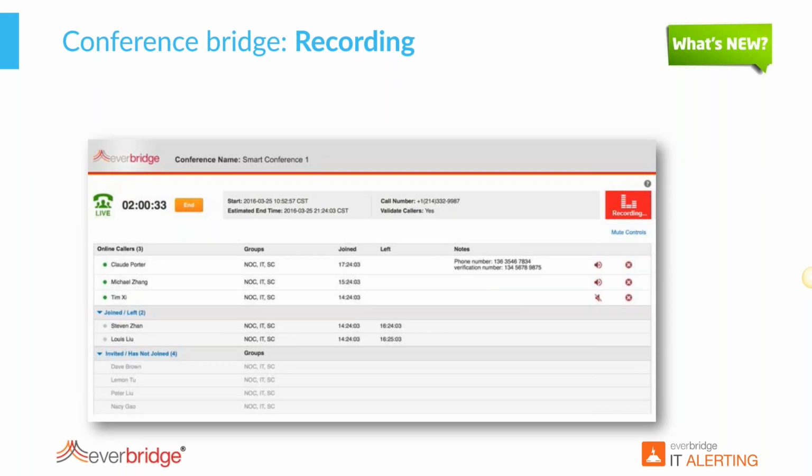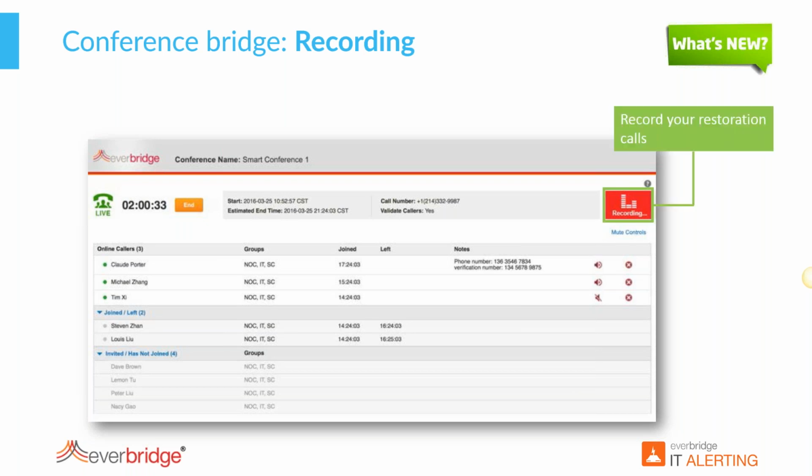Moving on, the next area of improvement is around Smart Conference. You've asked that we provide a recording feature for Smart Conference. The good news is this is now available. It was released with the Spring Release.